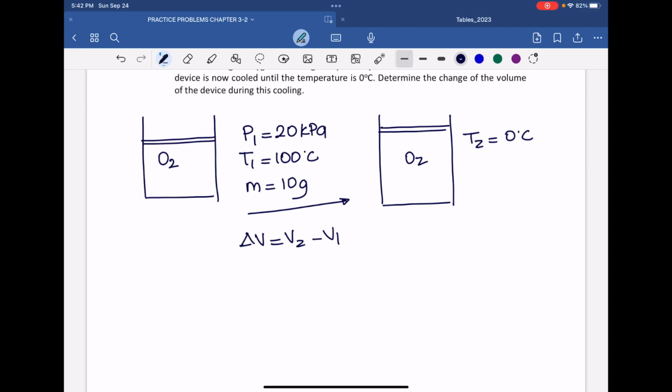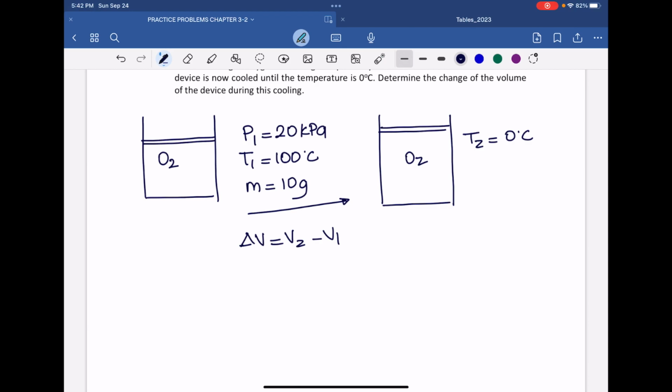And the first, actually no, okay? So since this is an ideal gas, we don't have to look at the tables because the ideal gas equation of state tells us the relationship between the pressure, temperature, and the volume. So actually we only need to use the ideal gas equation to figure out the volumes.